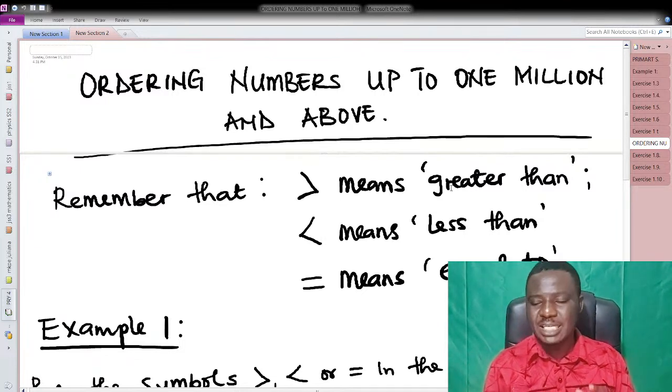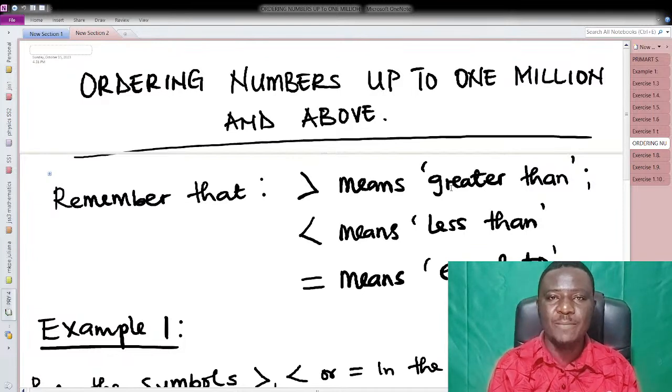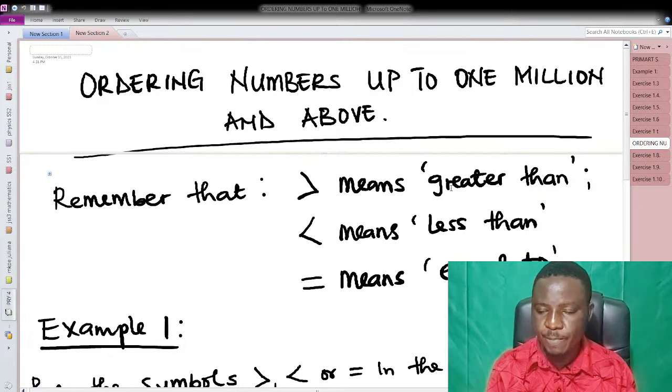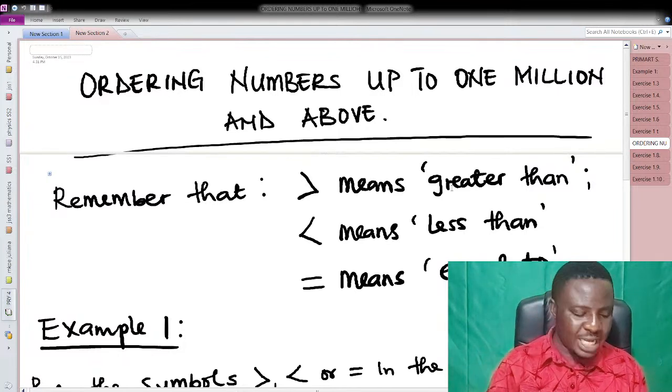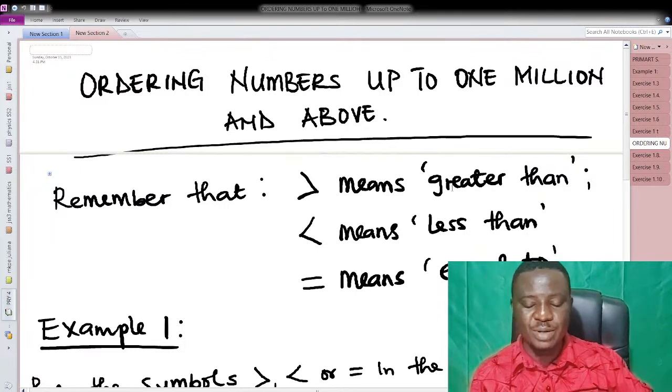Now, this exercise is to enable us to know how to actually place these numbers in their order when you come in contact with them, to know which is greater and which comes after. So, just as a reminder, you have to remember that this sign means greater than.